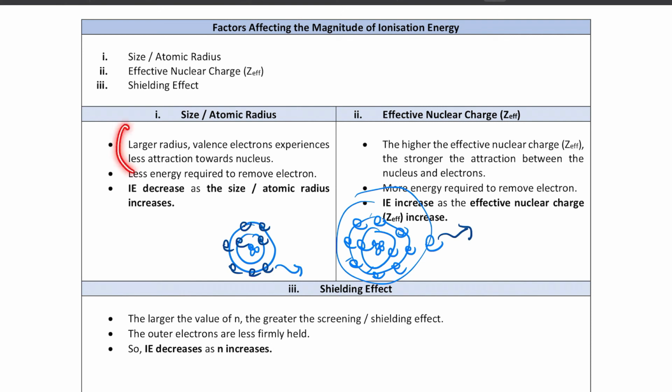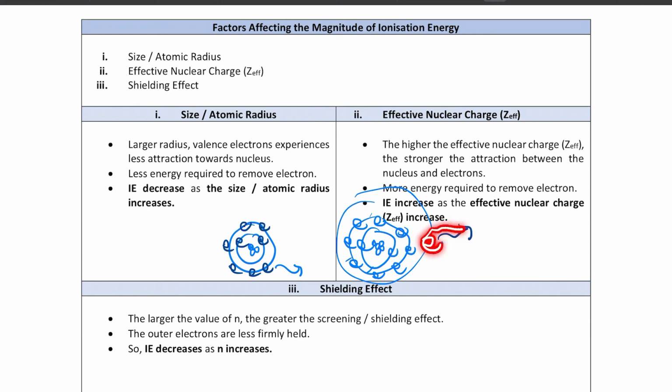Kenapa? Sebab inilah. Okay, so bila size tu besar, okay, the radius is big, that means the distance between the nucleus and the valence electron is quite far lah. Okay, so bila distance tu jauh, less attraction toward the nucleus. That means electron ni dia attracted to the nucleus but not strong. Okay, tak kuat.